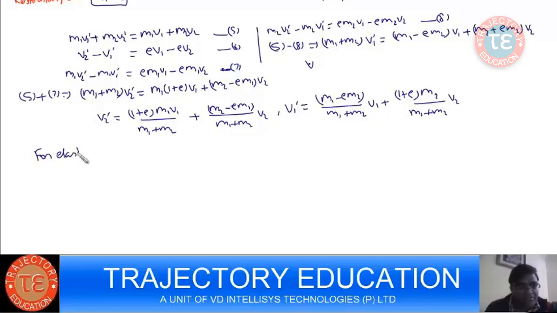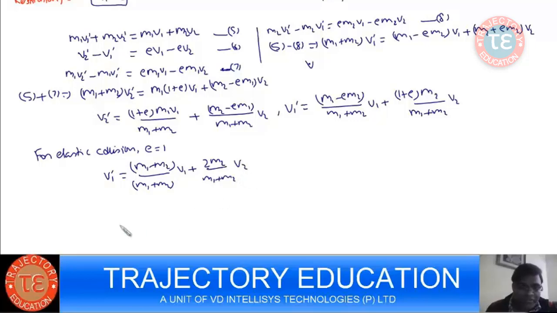For elastic collision, your e is 1, so your v2' becomes, please check, I'm not sure, I don't remember this formula exactly. I've done it before. So v1' becomes, if I put e equal to 1, (m1 minus m2) upon (m1 plus m2) v1 plus 2 m2 upon (m1 plus m2) v2.